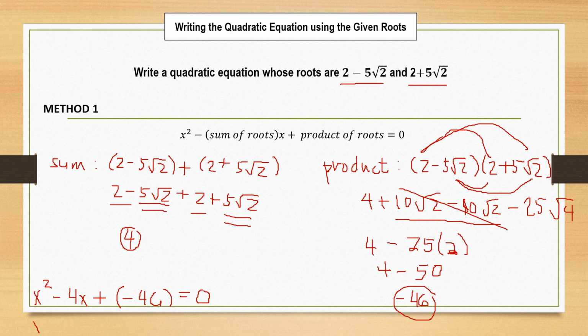Simplify, we have x squared minus 4x minus 46 is equal to 0. So the quadratic equation is x squared minus 4x minus 46 is equal to 0.